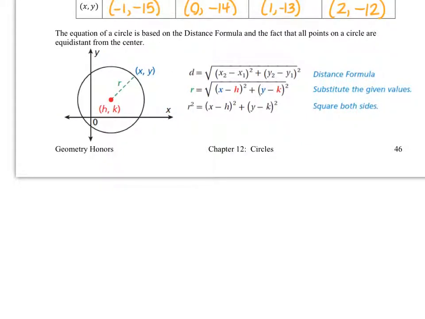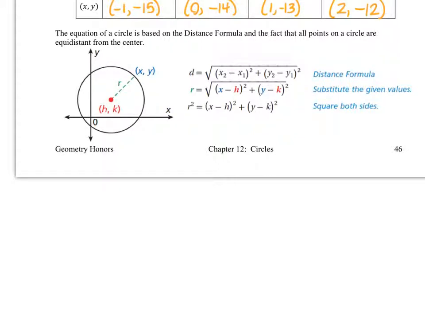The equation of a circle starts out with the distance formula. We know that the radius is always the same distance from the center of the circle to every single point on the circle. So we're going to call wherever the point is on the circle x comma y, and we're going to call the center of the circle h comma k, just so that we can tell them apart.